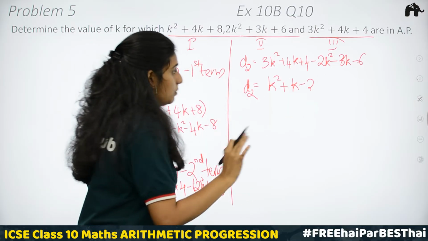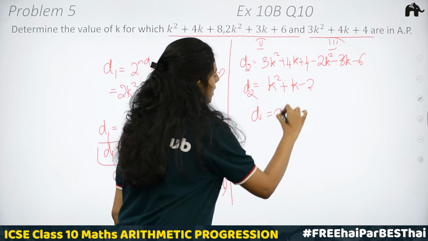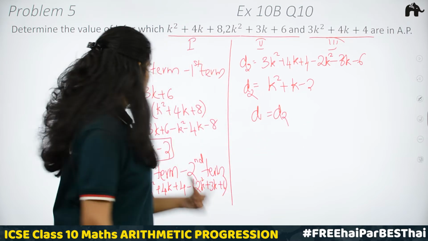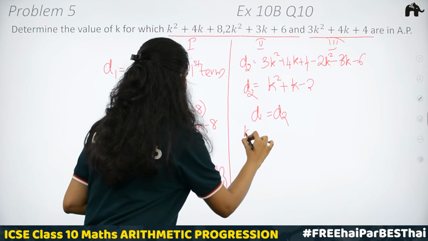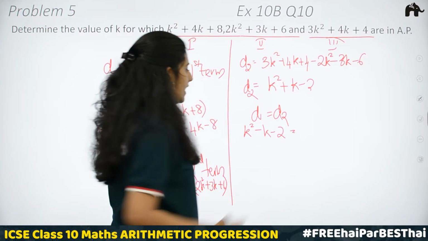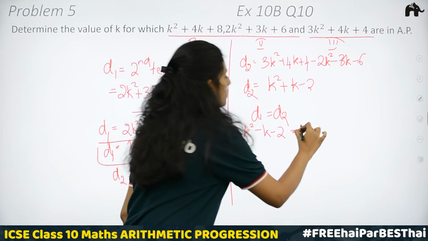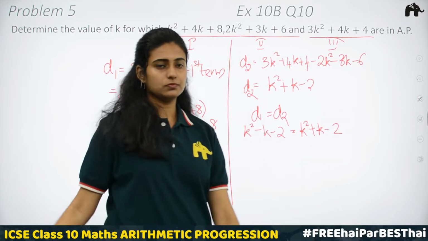Now, they are in an AP. Therefore, the common difference D1 will be equal to D2. D1 we have determined, which is k square minus k minus 2, should be equal to D2, k square plus k minus 2.